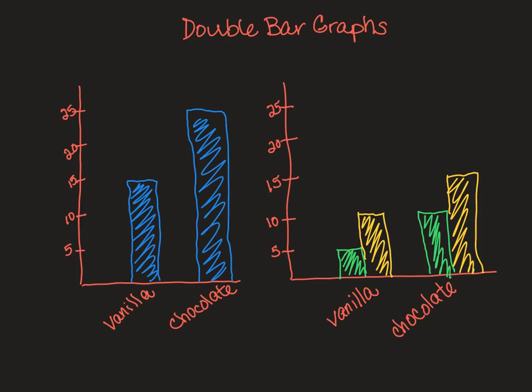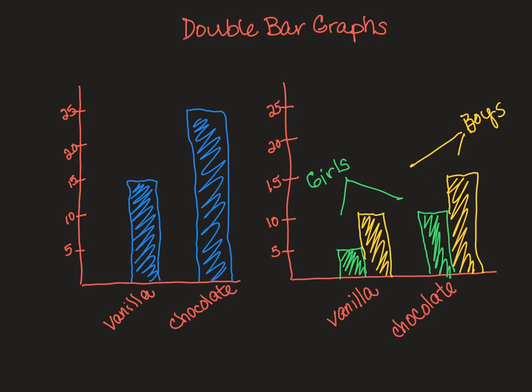So the yellow is the boys, and the green is the girls. So now I not only know how many people in the class like vanilla, I know if most of them are girls or most of them are boys.